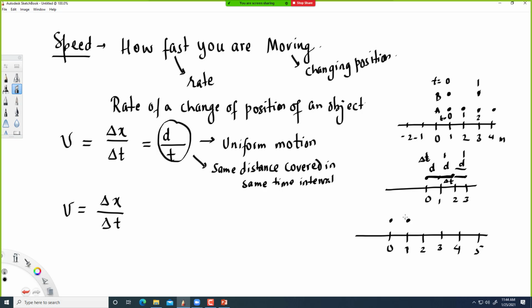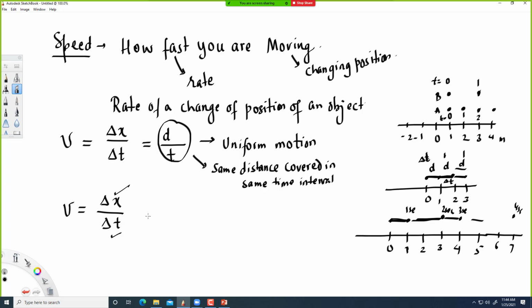In the next second, it goes here. In the third second, it travels like that. In the fourth second, let's say it's here. In the first second it travels that much distance, in the next second that much, in the third that much. So the distance traveled in each second is different.